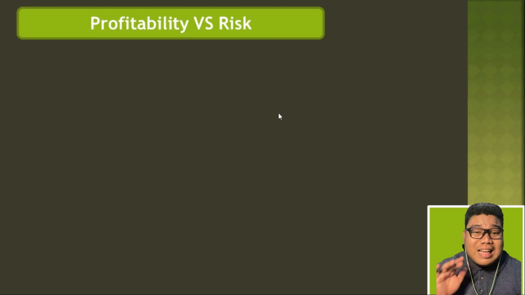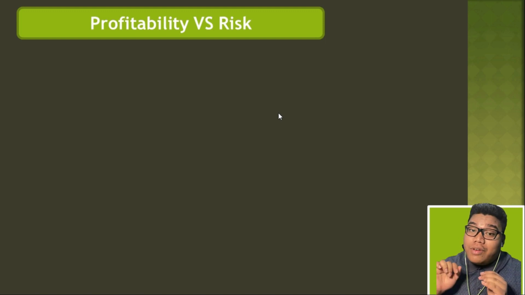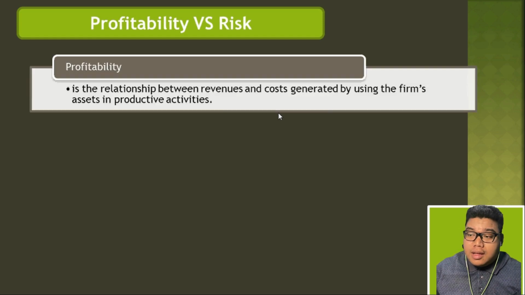In working capital management, we need to have a balance between profitability and risk. What is profitability? That is the relationship between revenues and costs generated by using the firm's assets in productive activities.